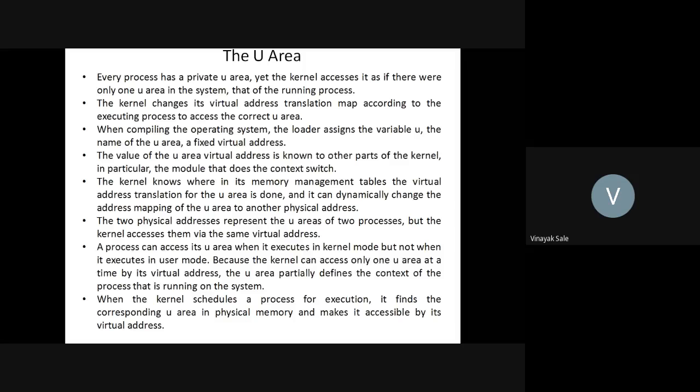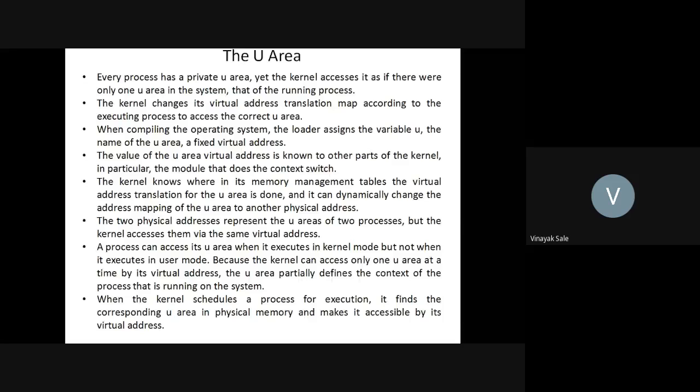A process can access its user area when it executes in kernel mode, but not when it executes in user mode. While the process is executing in user mode, it does not access its user area.